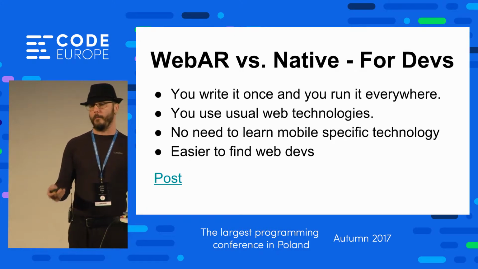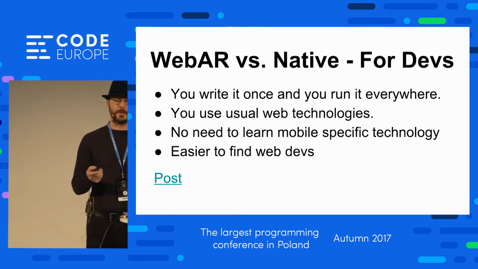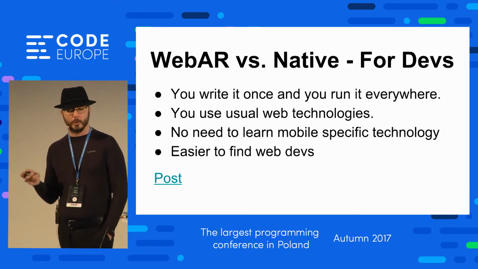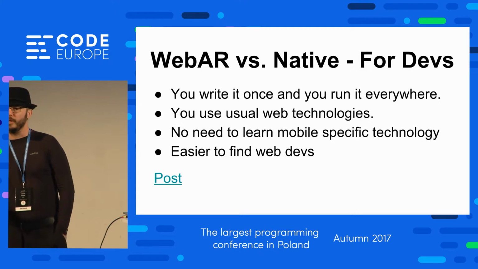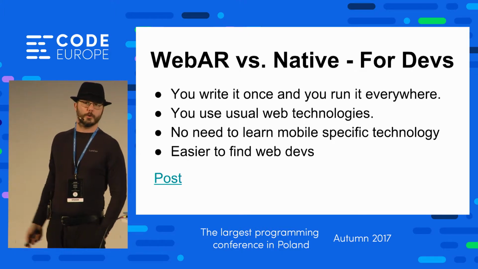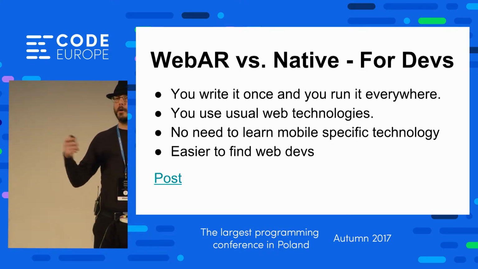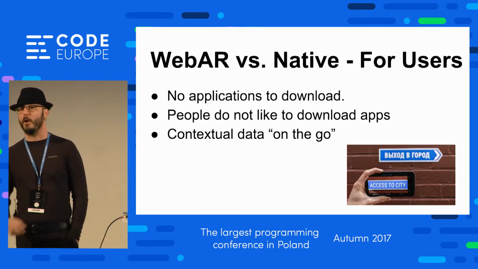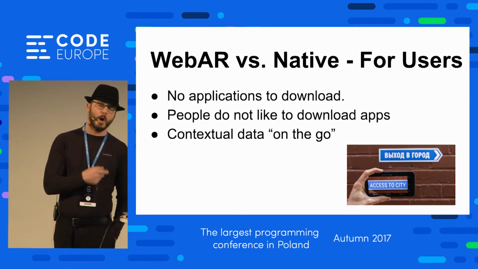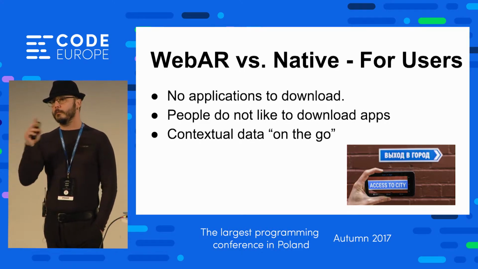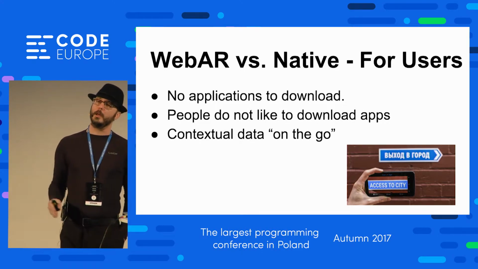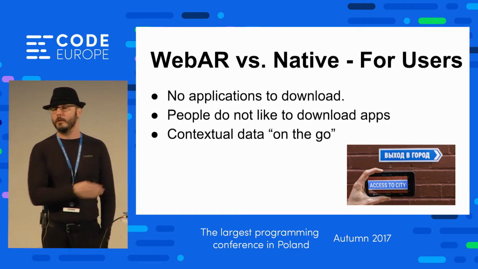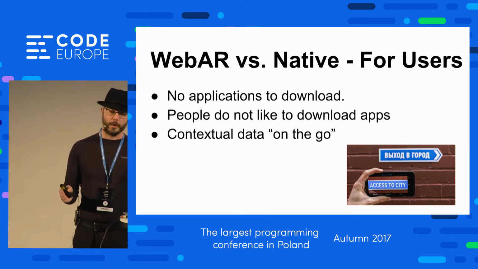You write a web page according to the web standard. You use usual web technology. You don't need to learn iOS-specific language or API or Android-specific language or API, and so on. So first, single API, single language, you write it once, it runs everywhere.